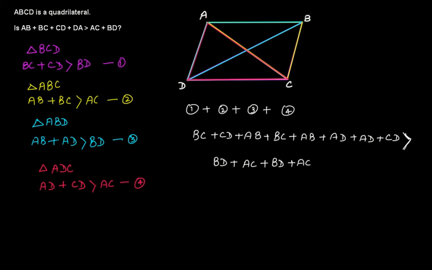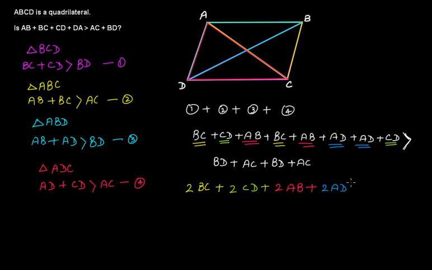Now you can see clearly that you have BC two times. So BC plus BC means 2BC. Then plus, you have CD two times, so 2CD. Then you have AB two times, so 2AB. Then you have AD two times, so 2AD.